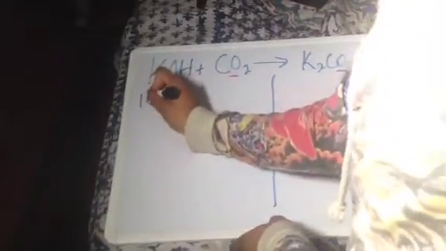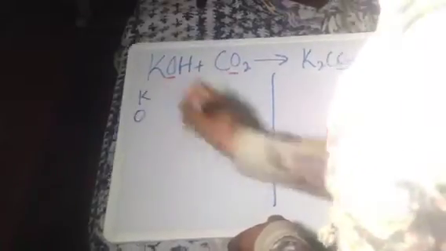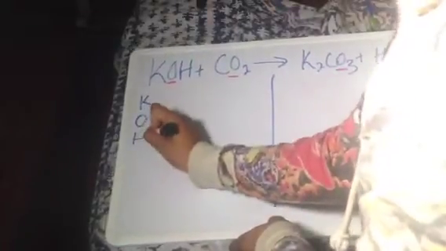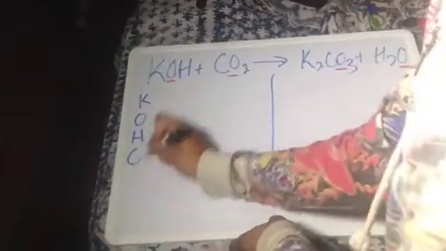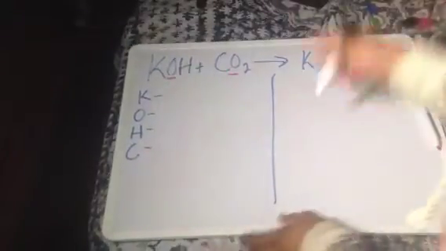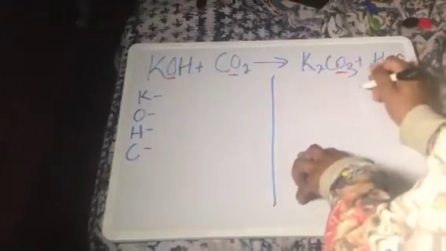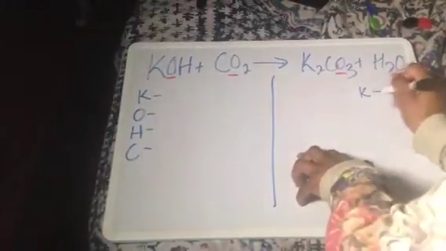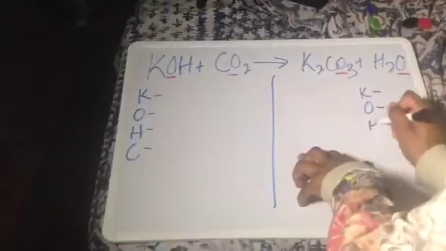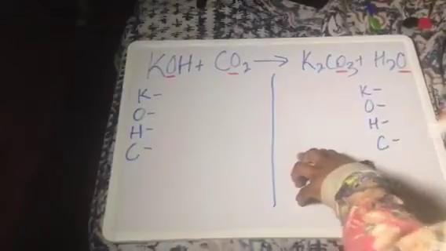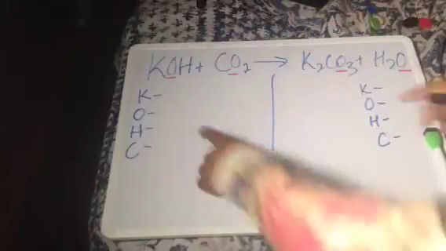We have a potassium, an oxygen, a hydrogen, and a carbon, right? So I'm going to do the same, in the same order, on the product side. So we have a potassium, an oxygen, a hydrogen, and a carbon. Okay? Now that we have them labeled, let's just count them.